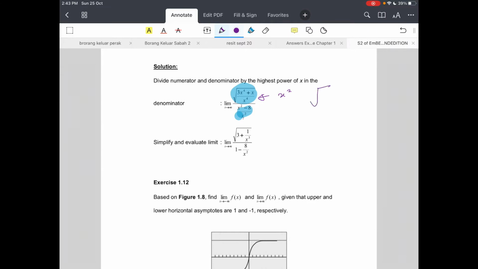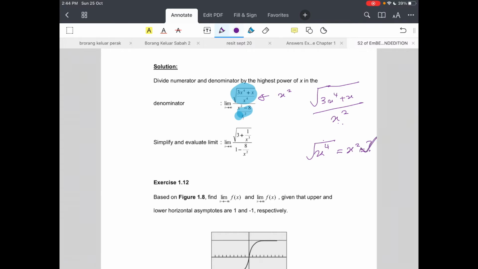because we have the square root at the numerator, I can write down the square root of 3x to the power of 4 plus x. We actually divide it by x squared, but we know that x squared can be obtained from the square root of x to the power of 4. True?